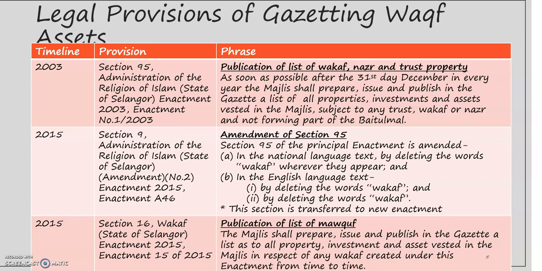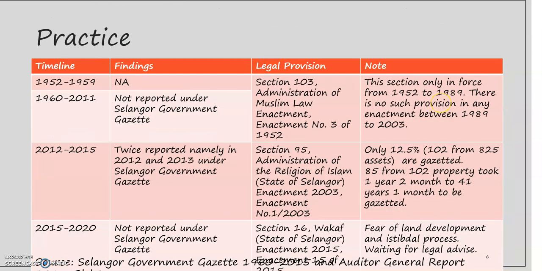Nevertheless, in 2015, under the Selangor Waqf Enactment, it is clearly provided that the Majlis shall prepare, issue and publish in the Gazette a list of all properties, investment and asset vested in Majlis in respect of any Waqf created under this enactment from time to time. So, under the present law pertaining to Waqf in Selangor, there is a requirement.